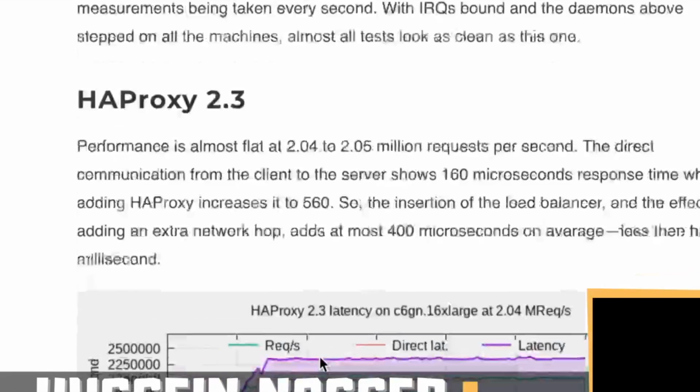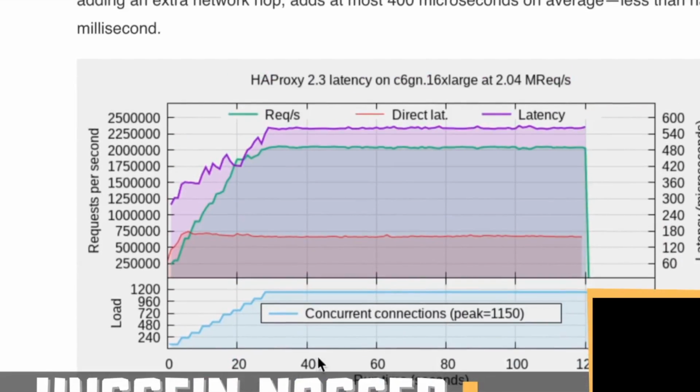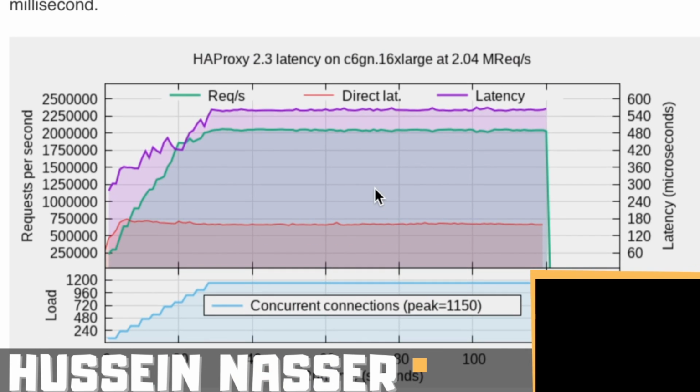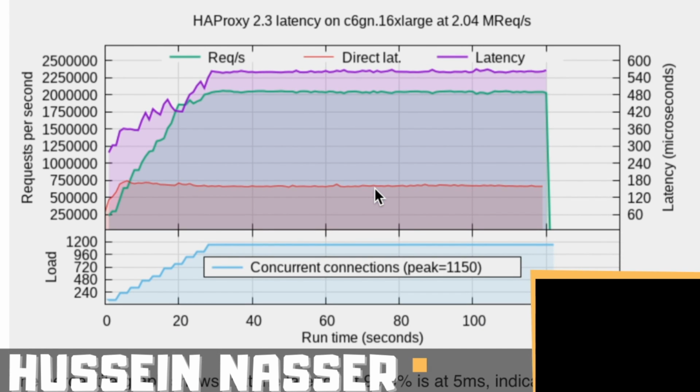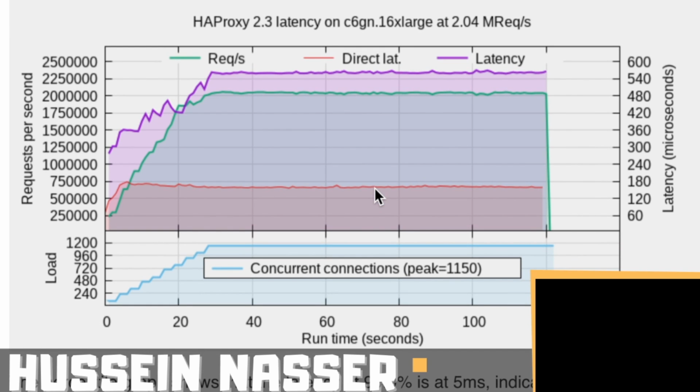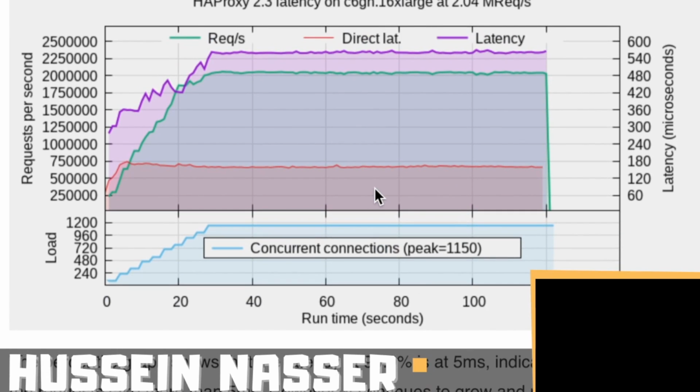Now we're going through the results. HAProxy 2.3. Let's look at 2.3 and look at 2.4 and then end the video. I know it's a little bit of a long video, guys, but I'm just fascinated by this. Absolutely fascinated. This is the same graph that we looked at.